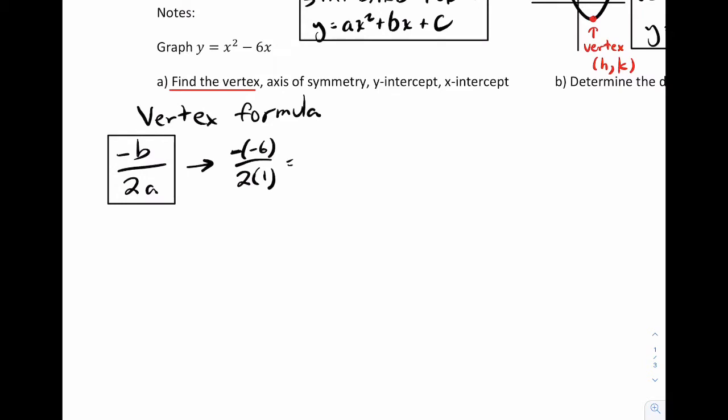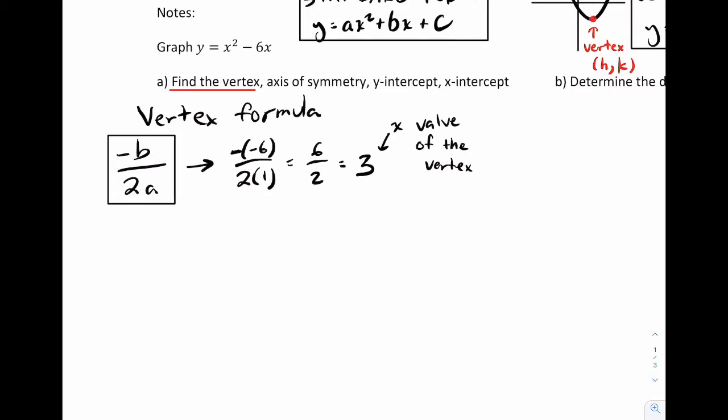That becomes 6 over 2, which is 3. Now you're probably wondering, what does that number tell you? That's important to understand. This number is the x value of the vertex. Whenever you do this formula, that will produce the x value of the vertex.